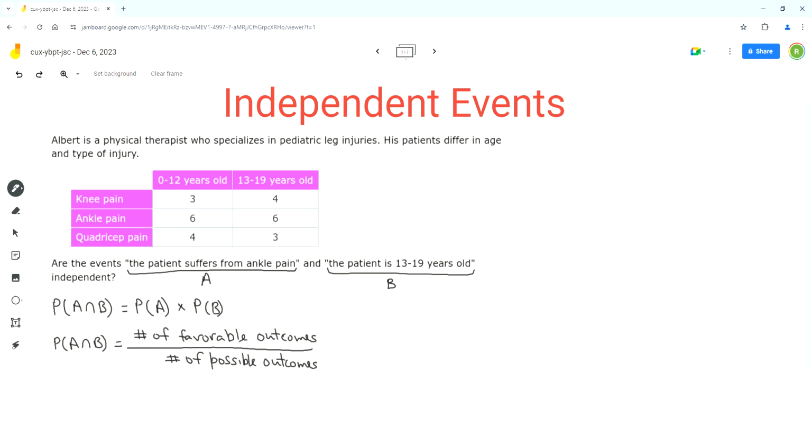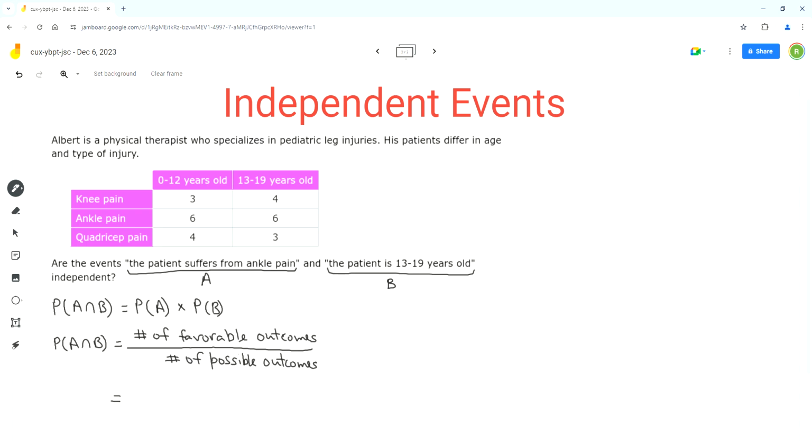A and B means that both events should happen. First step is to calculate the total number of patients that Albert has, and for that we can calculate the column sums and then add those sums.